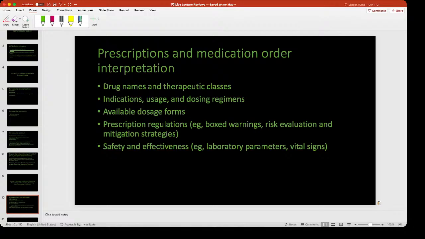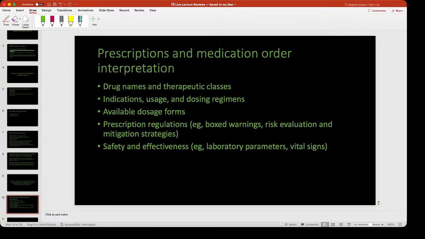And you should at least have some understanding of the drug names and the classes. At least having that, you guys should be able to do okay. But knowing what am I taking this medication for, and how should I be using it, and what is the dosing regimen on it.